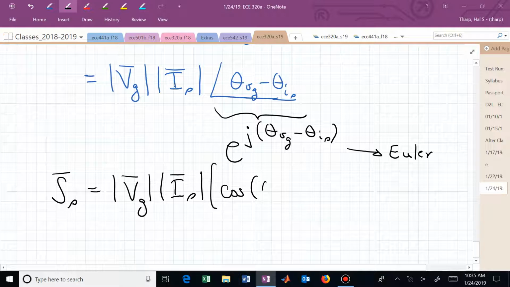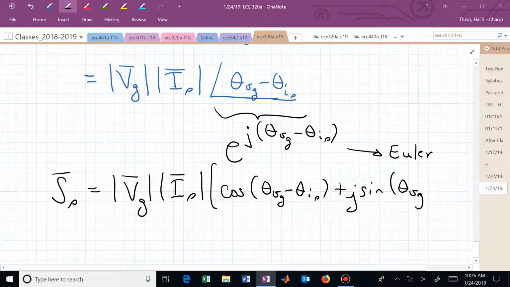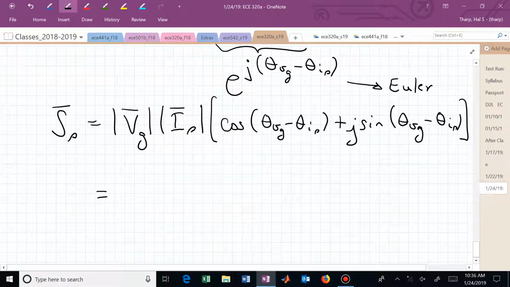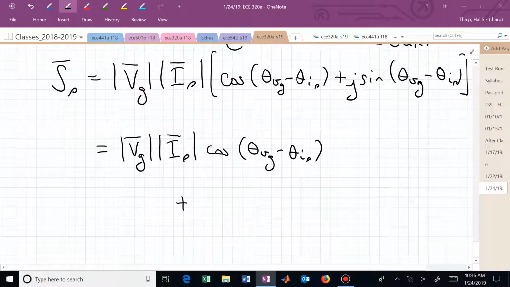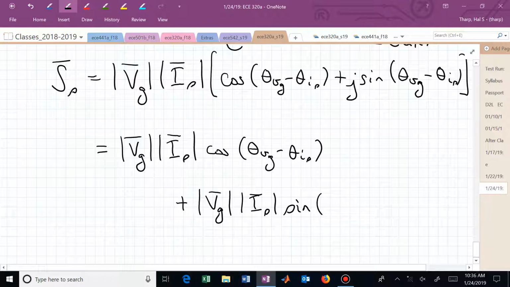We now have cosine theta V sub G minus theta I sub S, plus j sine theta V sub G minus theta I sub S. Distributing that apparent power through both terms, we have V sub G I sub S cosine theta V sub G minus theta I sub S plus j V sub G I sub S sine theta V sub G minus theta I sub S.